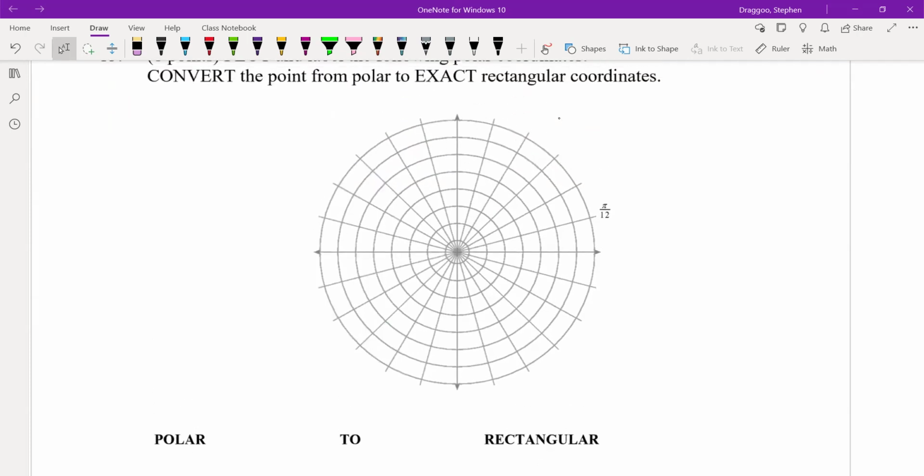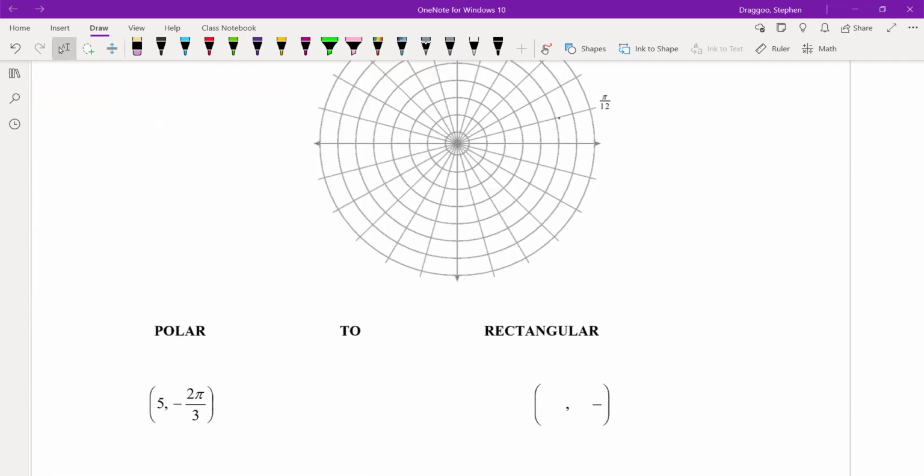All right, so let me set this up. We've got a polar coordinate that we want to turn into a rectangular coordinate, and we also want to plot it. So let me start by recognizing that -2 pi over 3 and 4 pi over 3 are the same angle, or coterminal angles, I should say, which means they'll be in the same position on a polar coordinate graph.